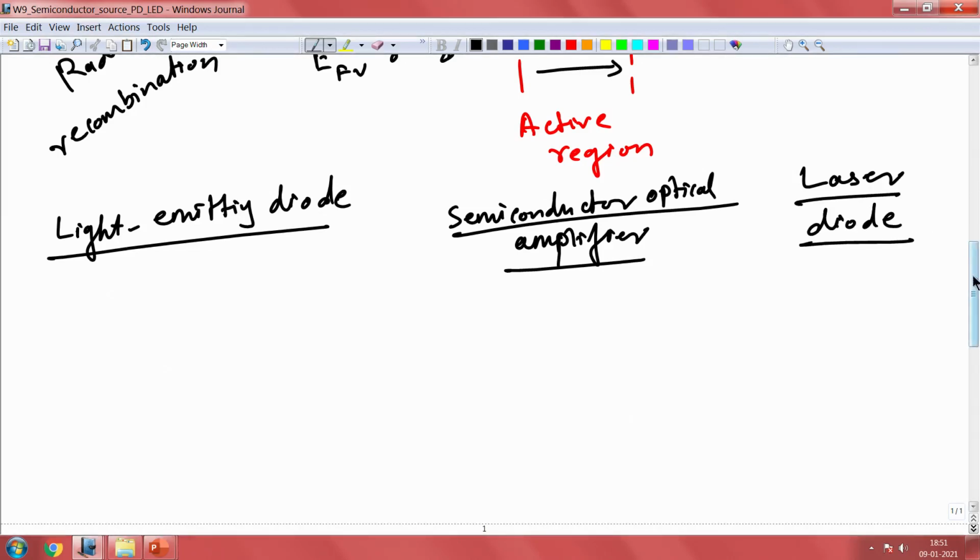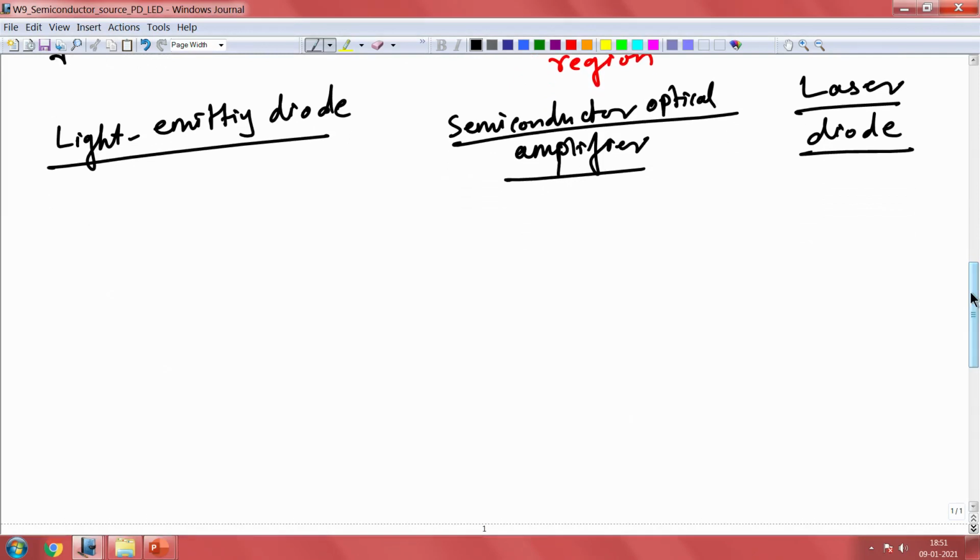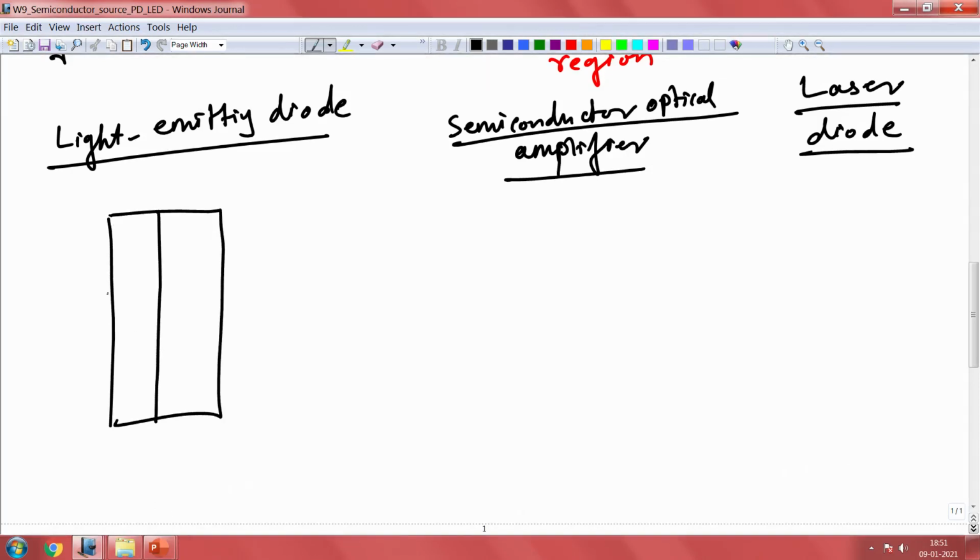There are 3 types of device we can build just by using a PN junction. So, let's look at these junctions. The first type is a simple PN junction.